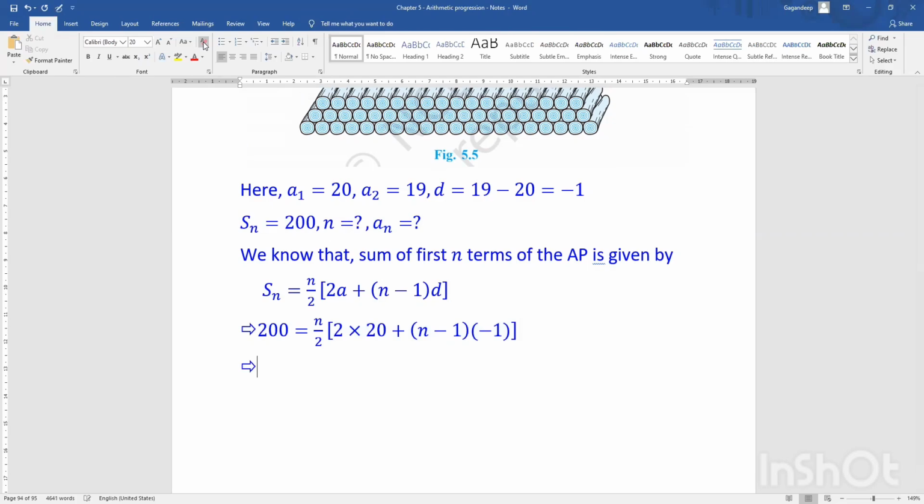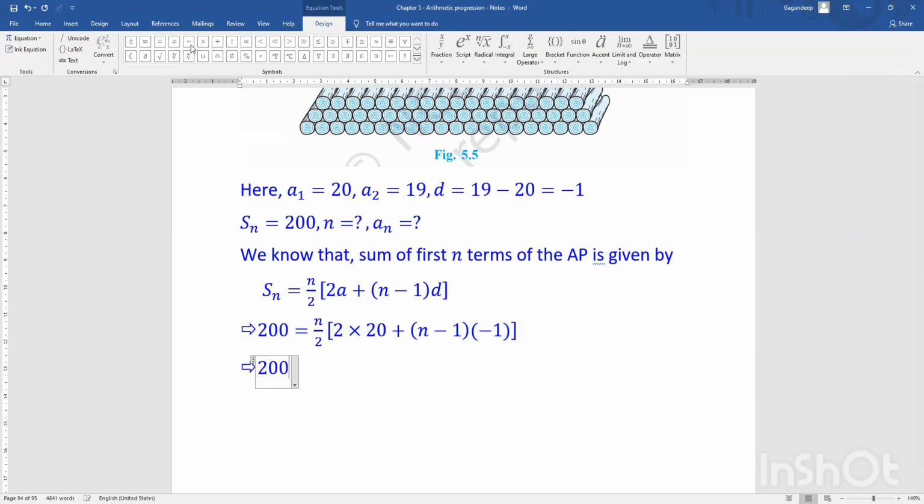It is nothing but 200 into 2. Here the 2 which is in the denominator gets cross multiplied. So 200 into 2 equals n into bracket open, 2 into 20 is 40, plus n into -1 is minus n, -1 into -1 is +1.